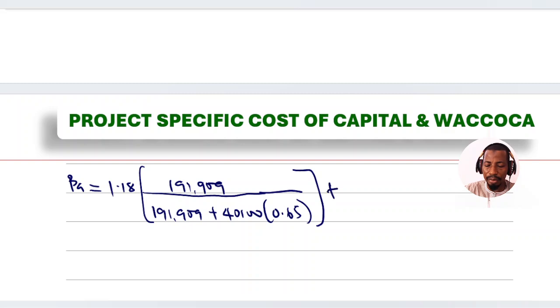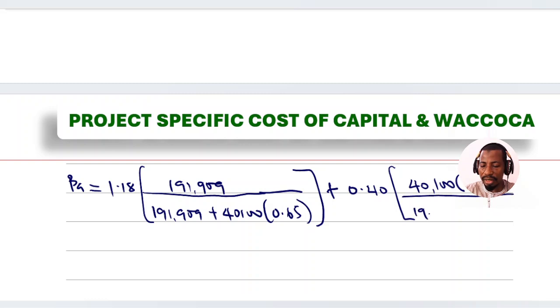Then plus debt beta, which is 0.40 multiplied by debt value of 4100, 1 minus tax 0.65 divided by equity value of 191,909 plus debt value 4100, 1 minus tax 0.65.